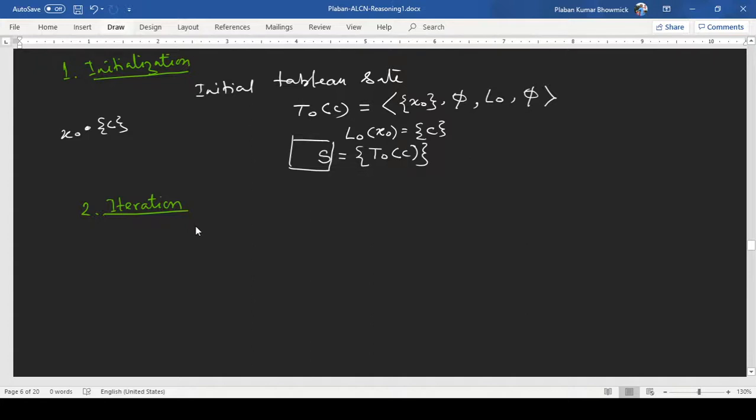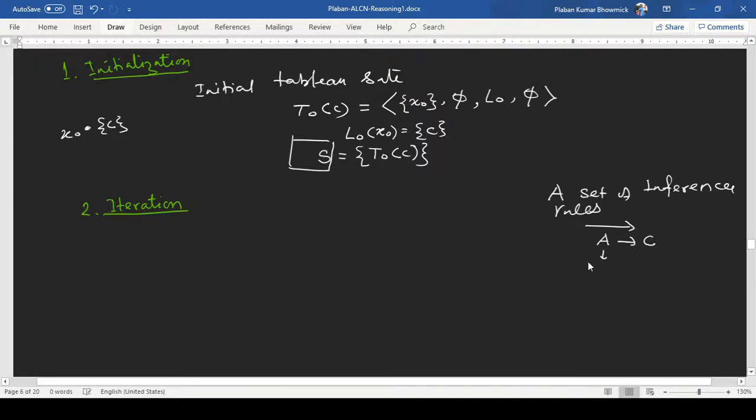So this assumes that there is a set of inference rules which governs this iteration, right? Each rule here has got two parts, one antecedent and one consequent, right?